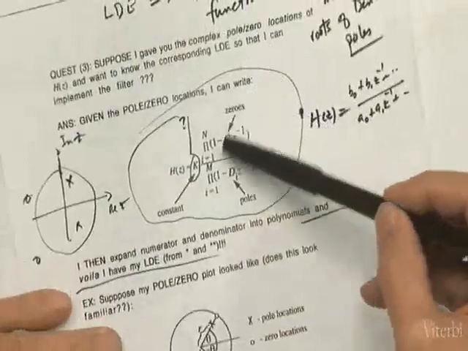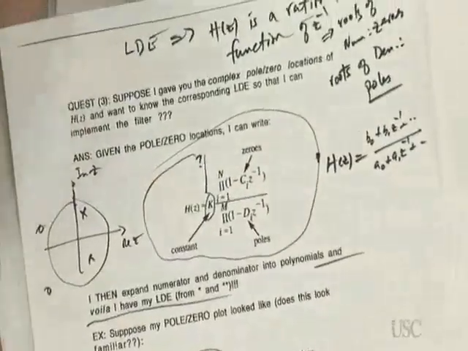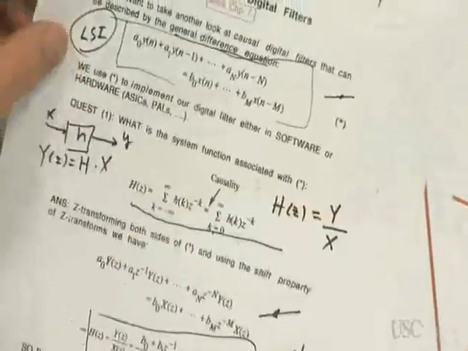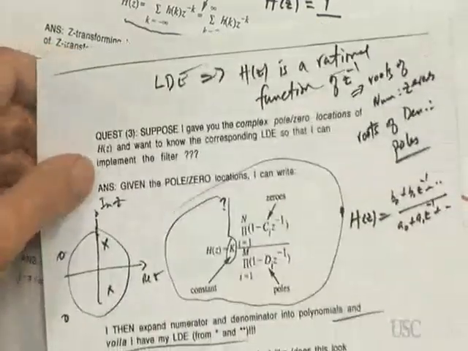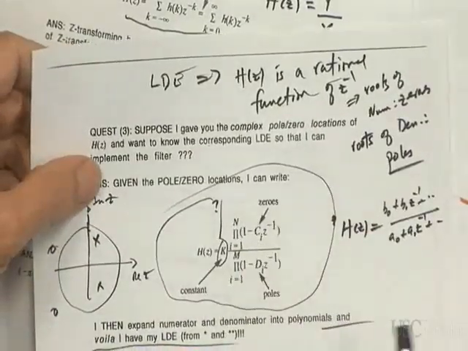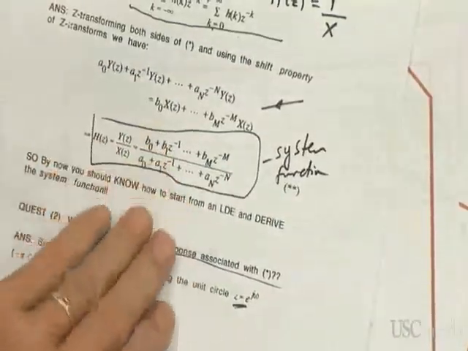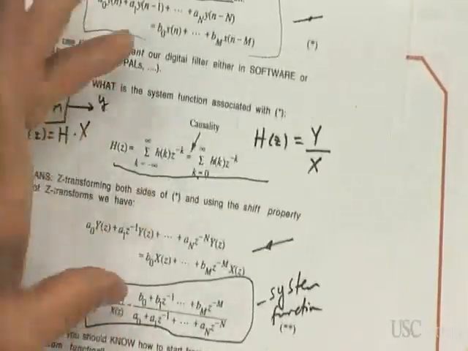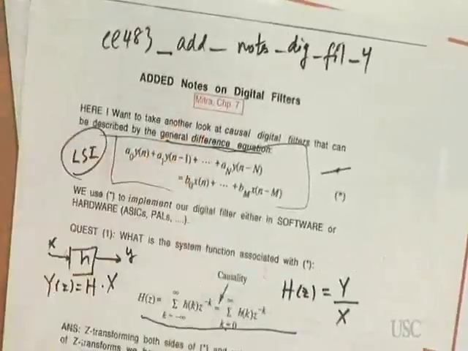That's pretty simple. Once you have it in this form, you go back and expand these out in powers of z inverse, and you will ultimately end up with something of this form. You go backwards: I've told you what the c's and d's are, so you write it in factored form, expand everything out, and once you've got this form you're done, because this is the correspondence between the b's and the a's and the difference equation.